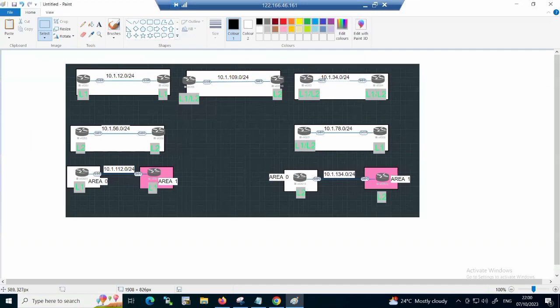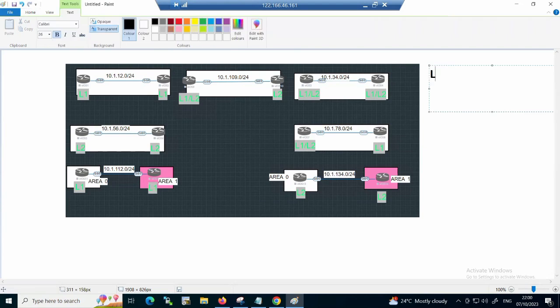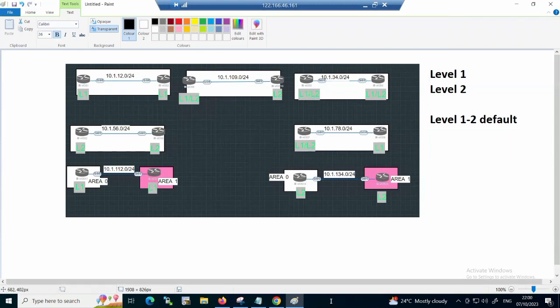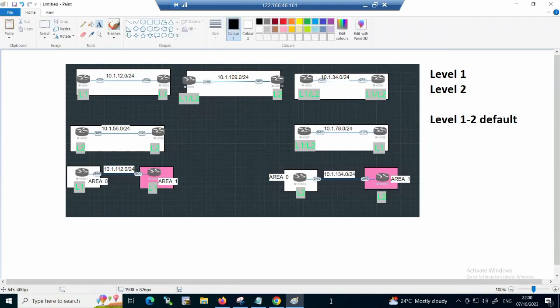You can see that, as I mentioned, we have types of label, label 1 and label 2, right? Label 1 and label 2 as well. That's a default one. So I'm gonna make the router as a label. The complete ISIS works on the label concept, right?